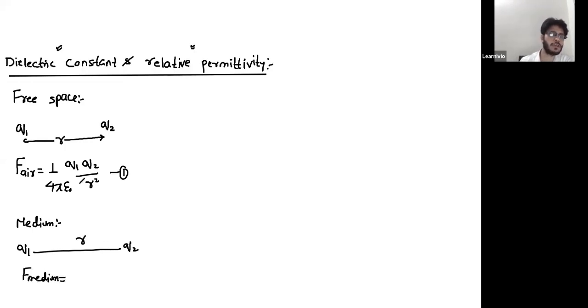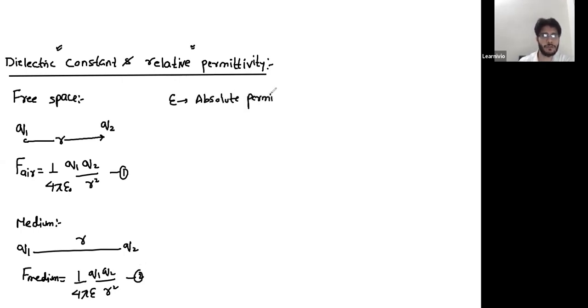So will you tell me what will be the change in formula? Which term will change in the formula of force? Epsilon will change. So instead of epsilon naught, you will use epsilon, Q1 Q2 over R square. That's equation number 2. Here this epsilon is the absolute permittivity of the medium.